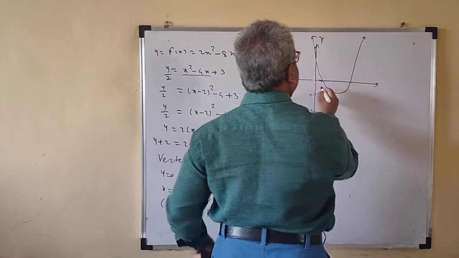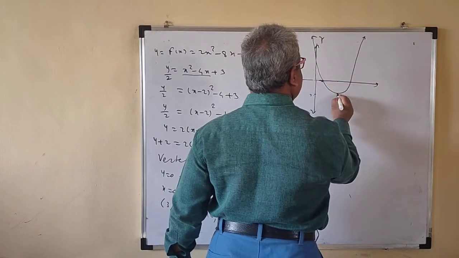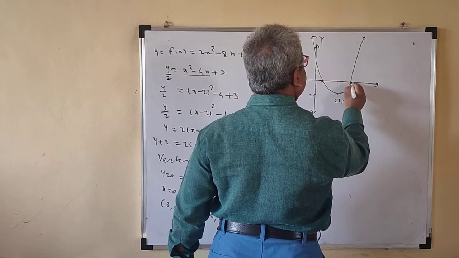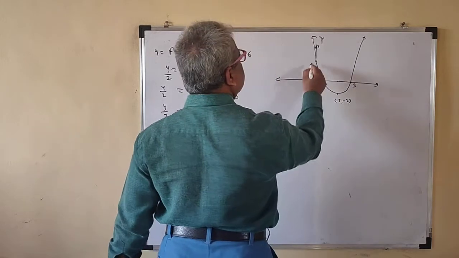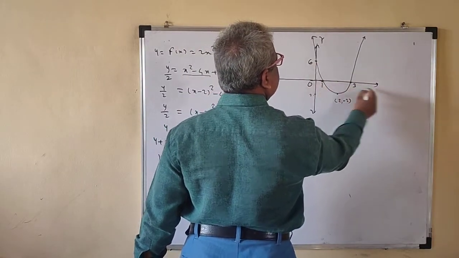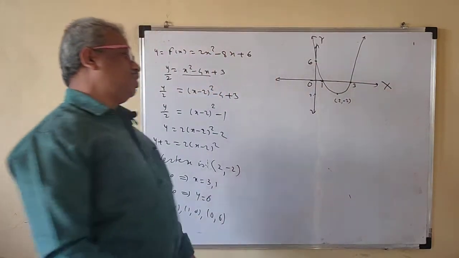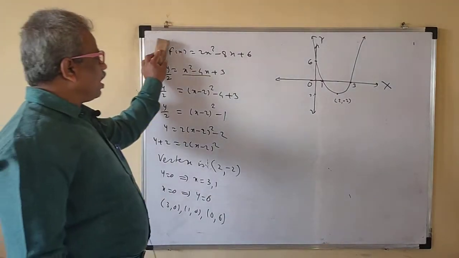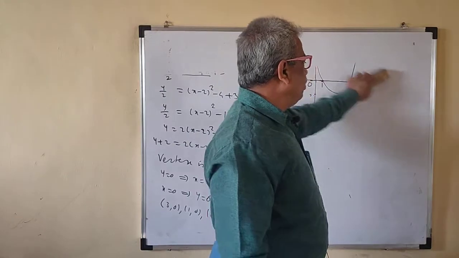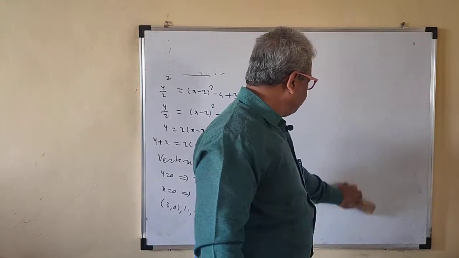This is the parabola. This is your vertex, (2, minus 2). This is 3. This is 1. And this is 6. This is your origin. This is your x-axis. This is your required parabola. In this way, you can draw the graph of any quadratic function.